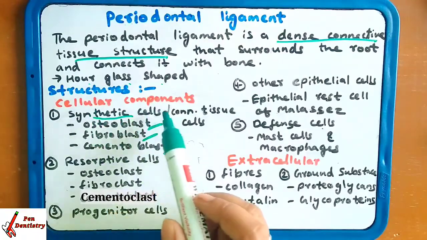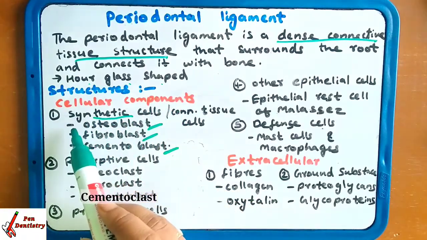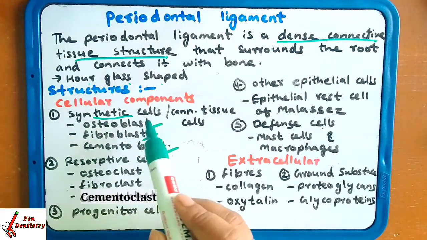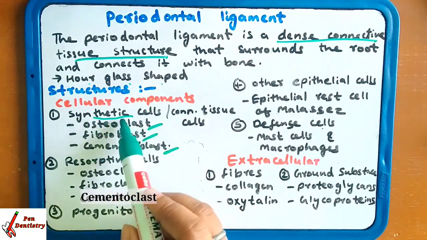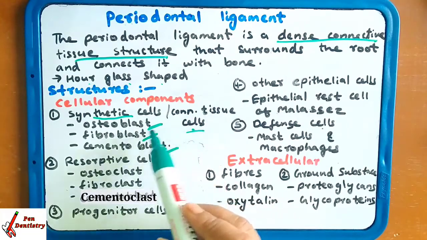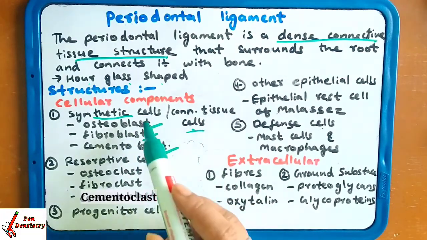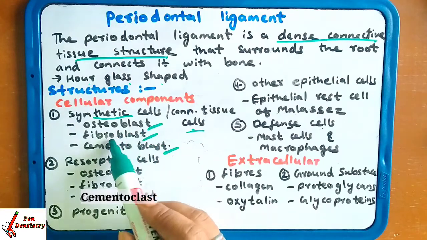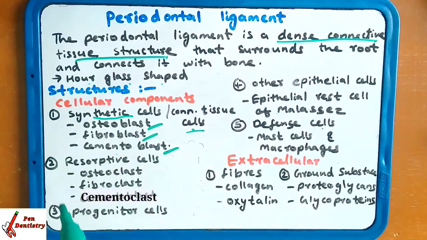First one is cellular components. In cellular components, we are going to see the synthetic cells. Synthetic means making cells or connective tissue cells. Connective tissue is being made here: osteoblast, fibroblast, cementoblast. Second, resorptive cells.